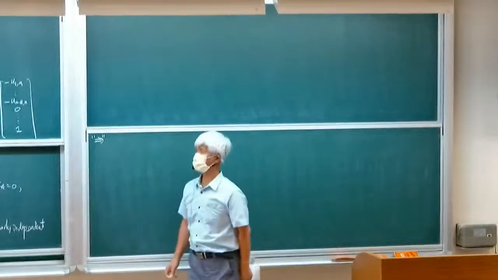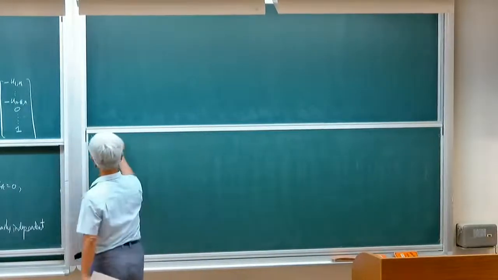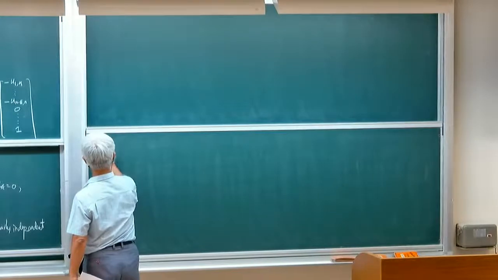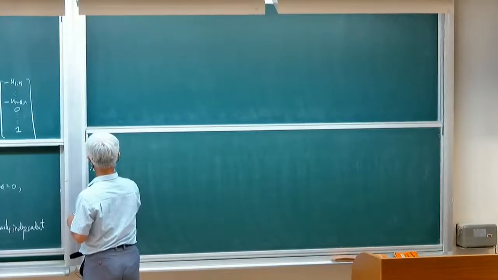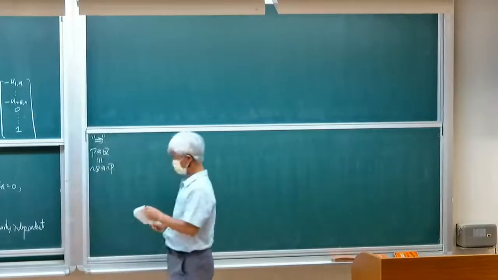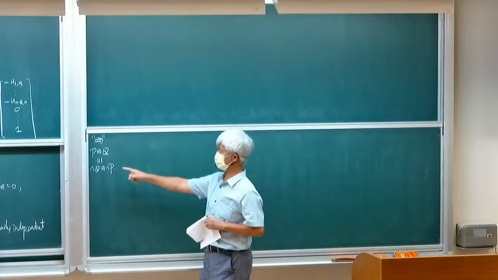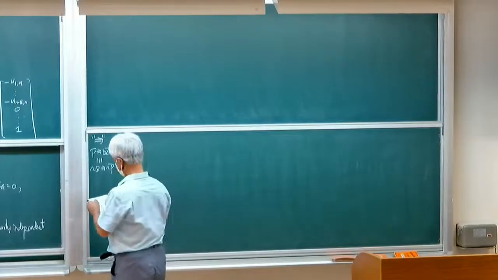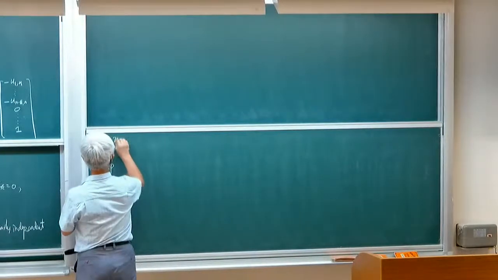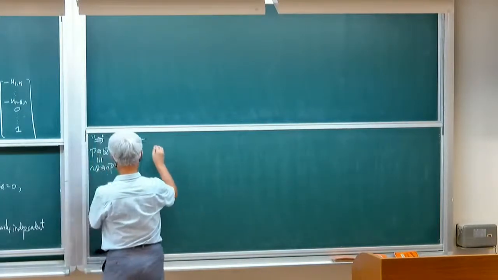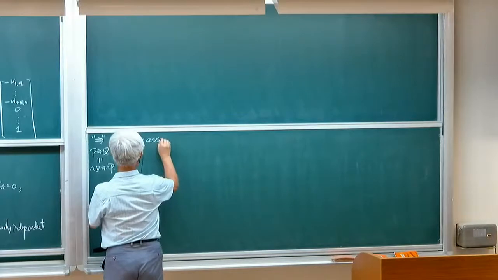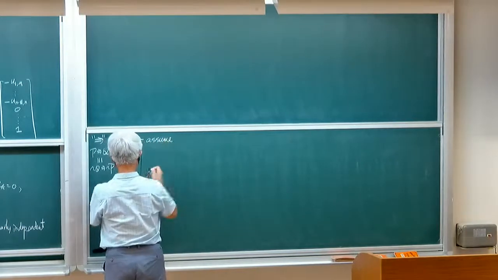To prove the forward part, this part is P implies Q, which is equivalent to not Q implies not P. So we will use this strategy.